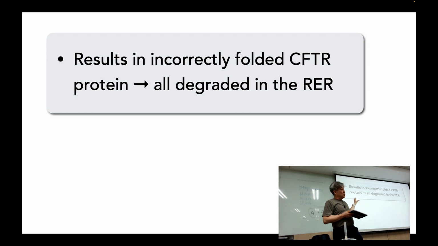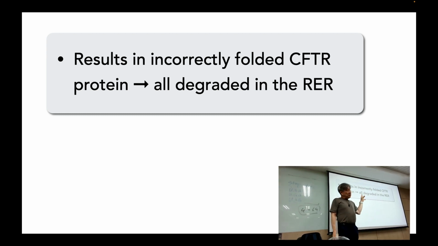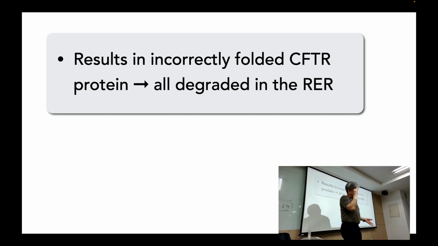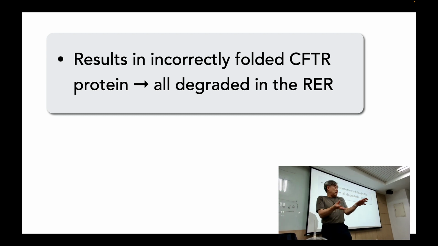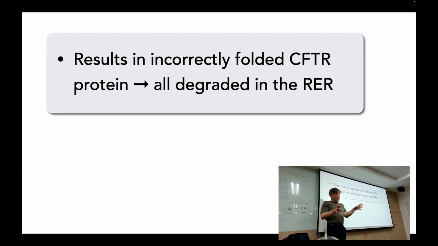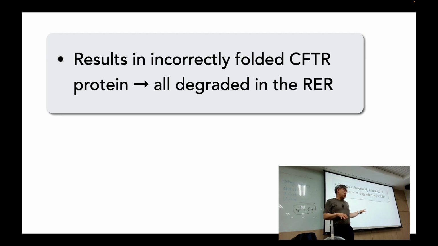Because of the absence of this particular amino acid at that position, it has difficulty folding properly. So it fails miserably in presenting itself as properly folded. The cell notices this, and all these misfolded proteins are actively destroyed inside.